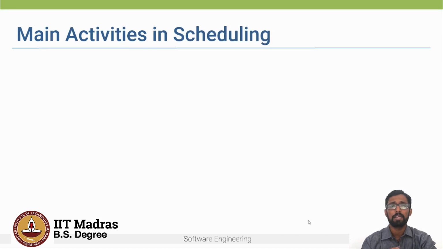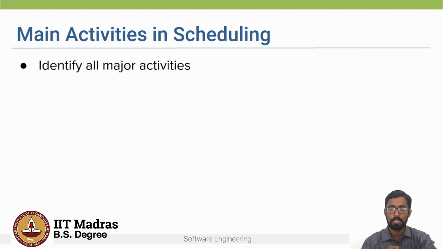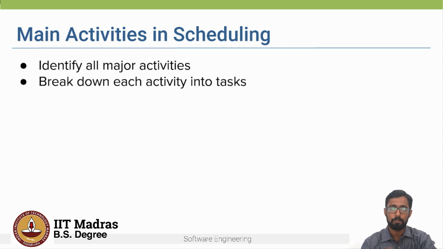Okay, so let's look at some of these activities. One is we have to identify all the major activities which need to be carried out to complete this software project. And once we have done that, we have to break down each of these activities into smaller tasks.